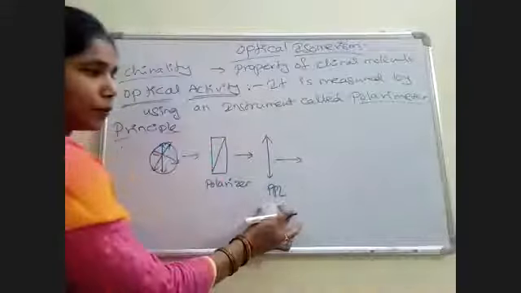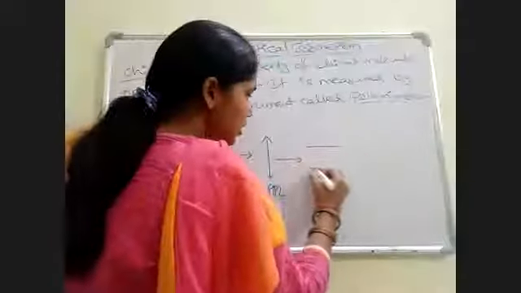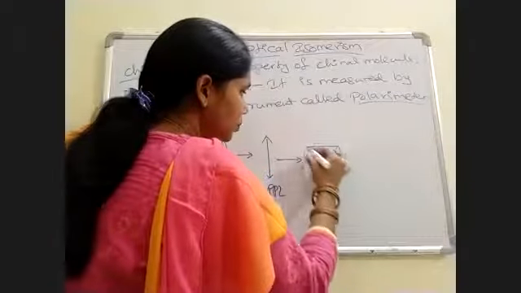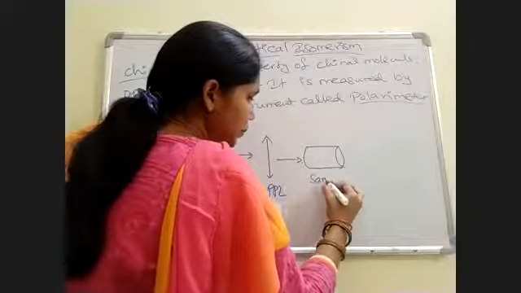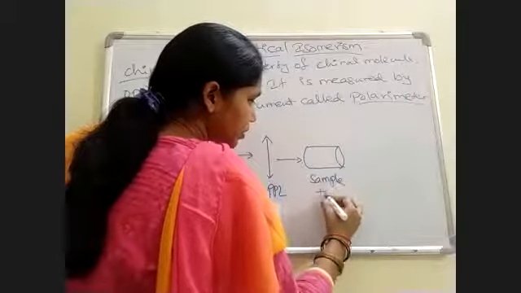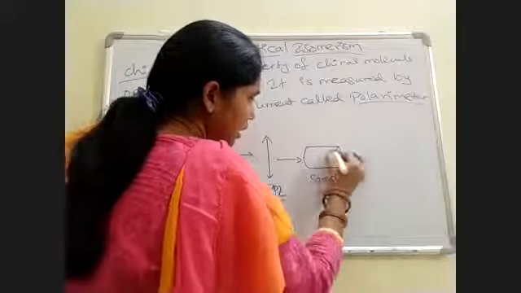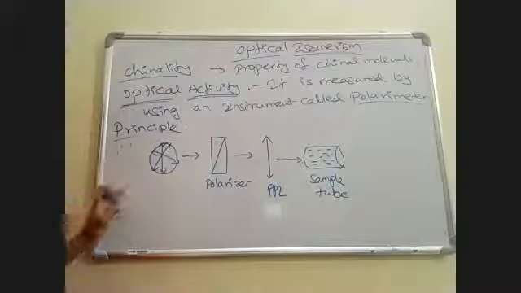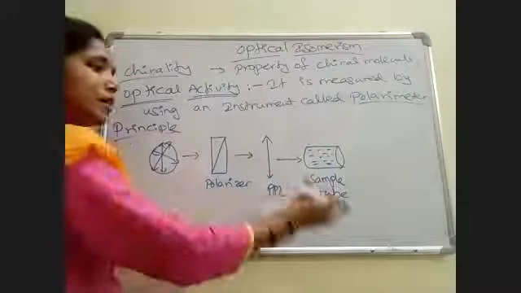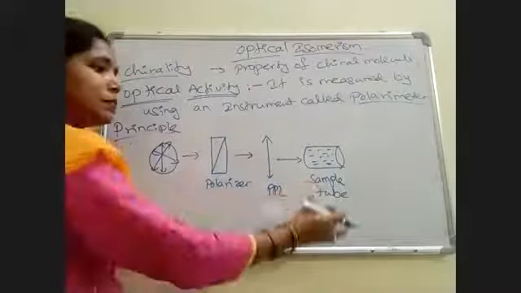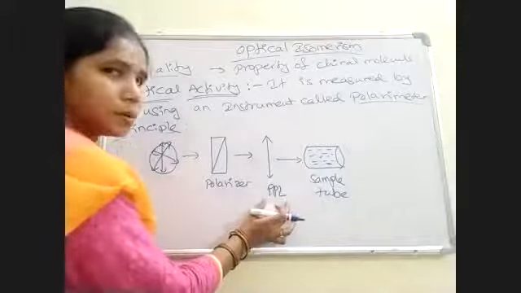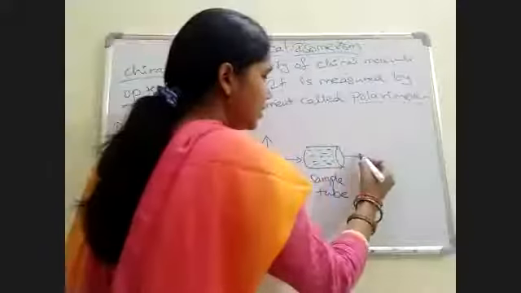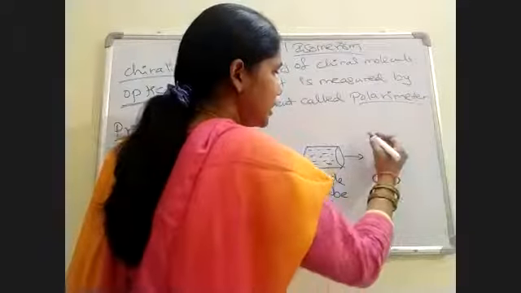When this plane polarized light is passed through a sample tube containing an organic substance solution, it interacts with the plane polarized light, and we will have three cases.